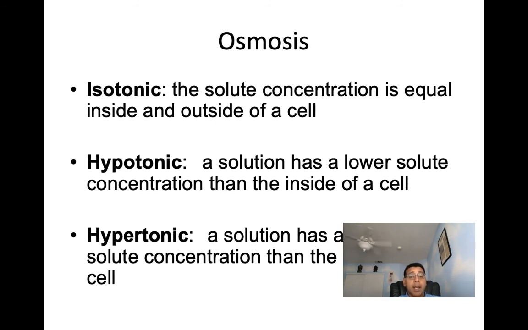So if a cell is placed in a hypotonic solution, water enters the cell. If a salt solution is lower than 0.9%, we consider it to be hypotonic. It would be hypotonic to our red blood cells.